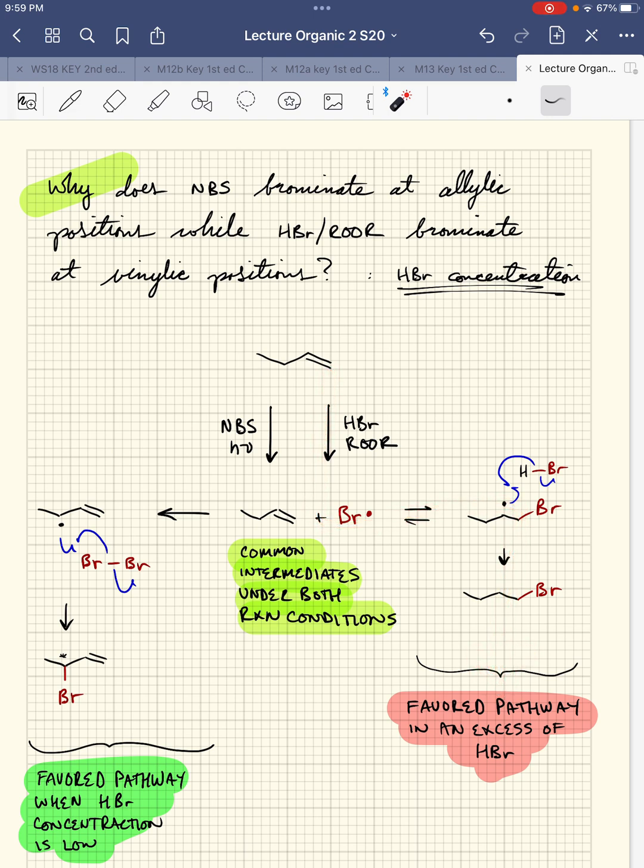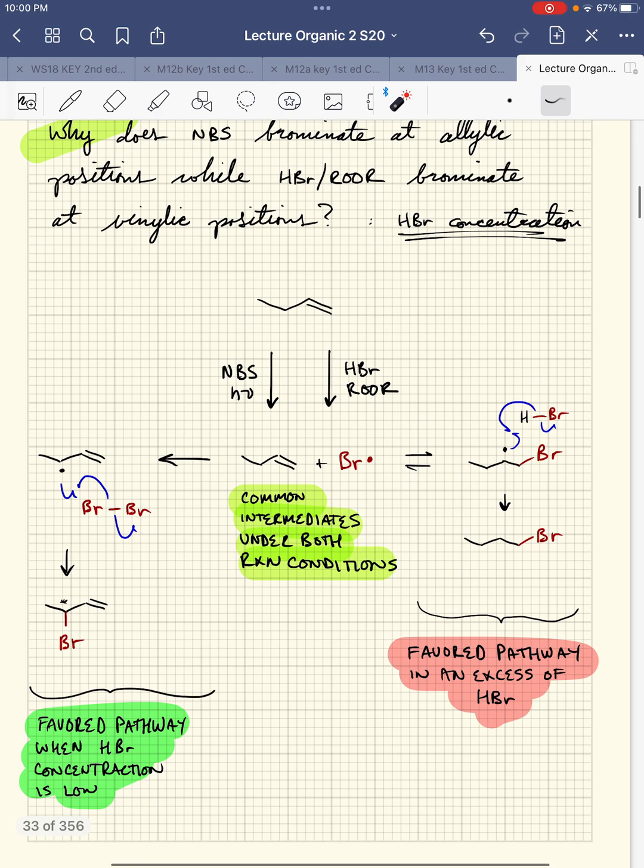So whenever there's bromine radical and a relatively high concentration of HBr, you end up having addition across the pi bond to form the brominated product. When the concentration of HBr is low, though, you tend to get this reaction pathway as favored. You can also read about this in the module for class.